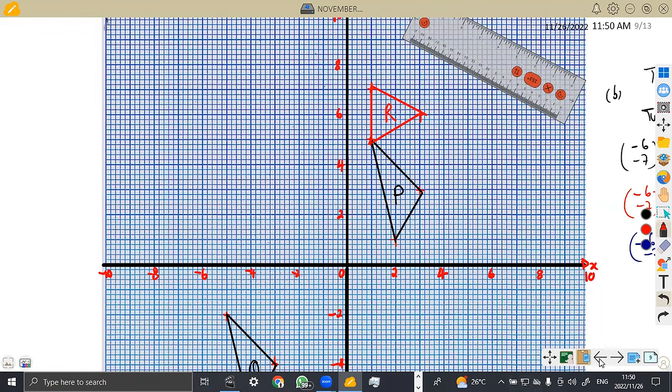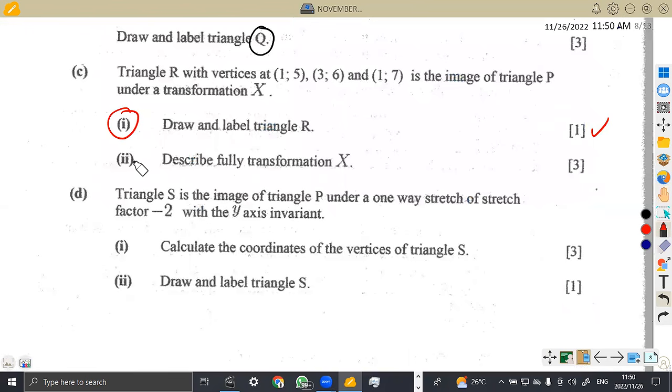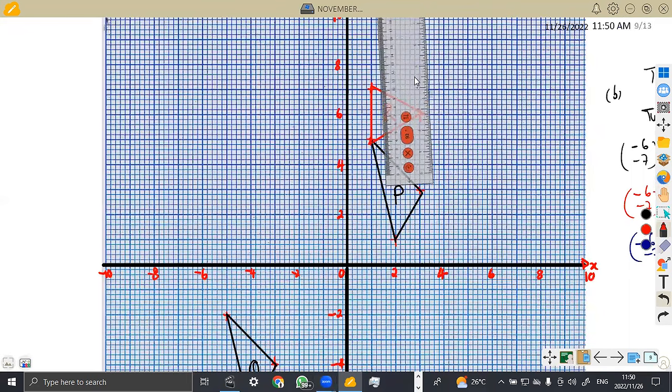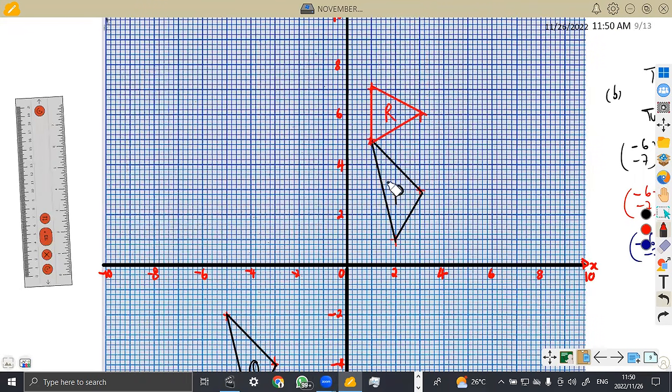So the question now, which follows, is for us to describe fully transformation X, which is the one that mapped triangle P onto triangle R. I want us to cross-check properly here. I don't know what happened with the coordinates, because we do not have something that is exact. We do not have a side that remains the same.